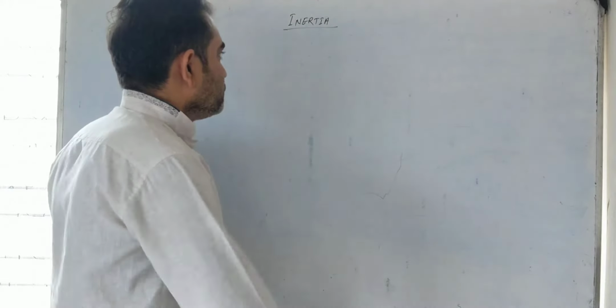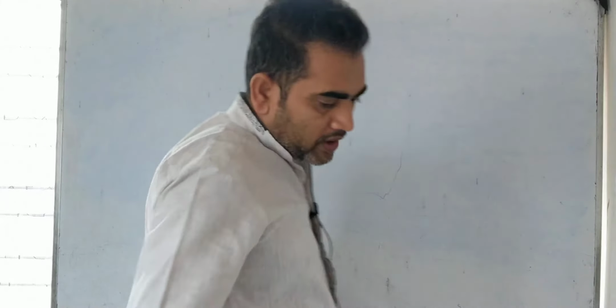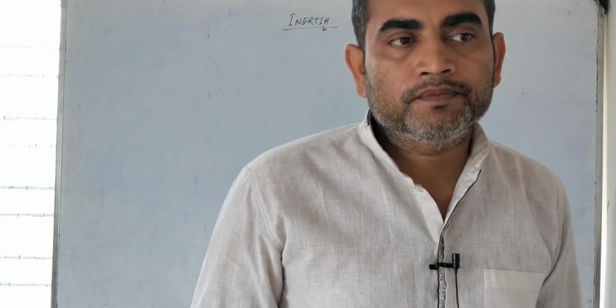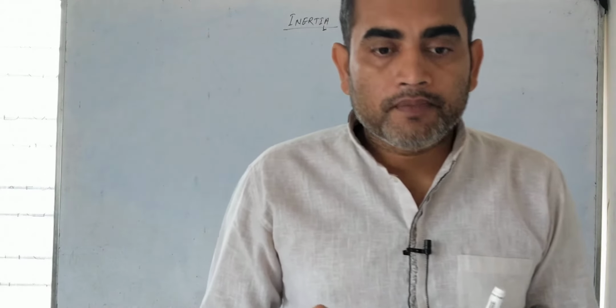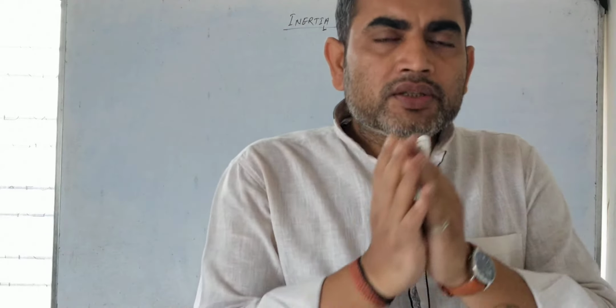Today we will discuss, first of all, inertia. So let's start with inertia. Now we will start with the definition. What is inertia? Inertia is the property of a body by virtue of which it resists any change in its state of rest or motion.